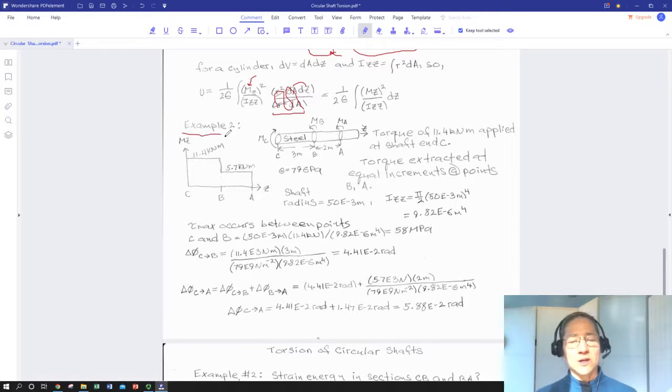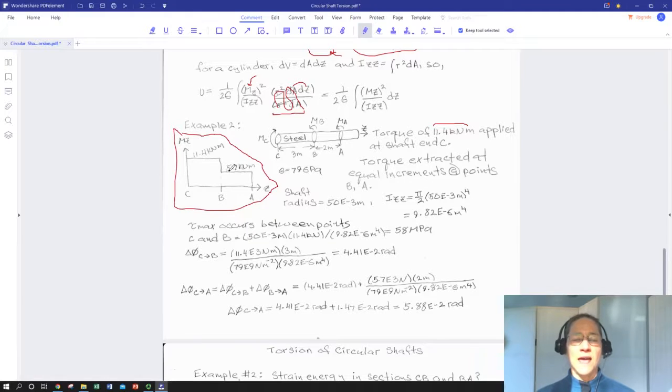We impart moment to the shaft at C, and then we take it off at B and A. So if we look at our moment distribution along the shaft, if we go from 0, we get a big step up in the moment that we've applied. We were told we're applying a torque of 11.2 kilonewton meters. So we have this big step up, and it stays constant until we hit B, and then we have a step down because we're told that we are going to extract that torque evenly at points B and A. So we take half of it away.